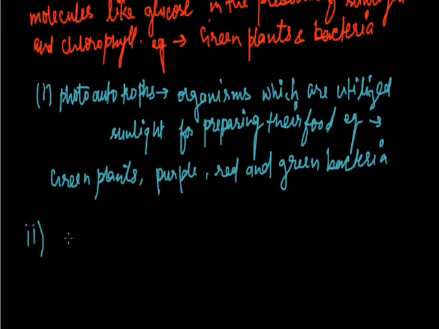While the second type of autotrophs is chemoautotrophs. Chemoautotrophs are those organisms which utilize chemical energy for preparing their own food.